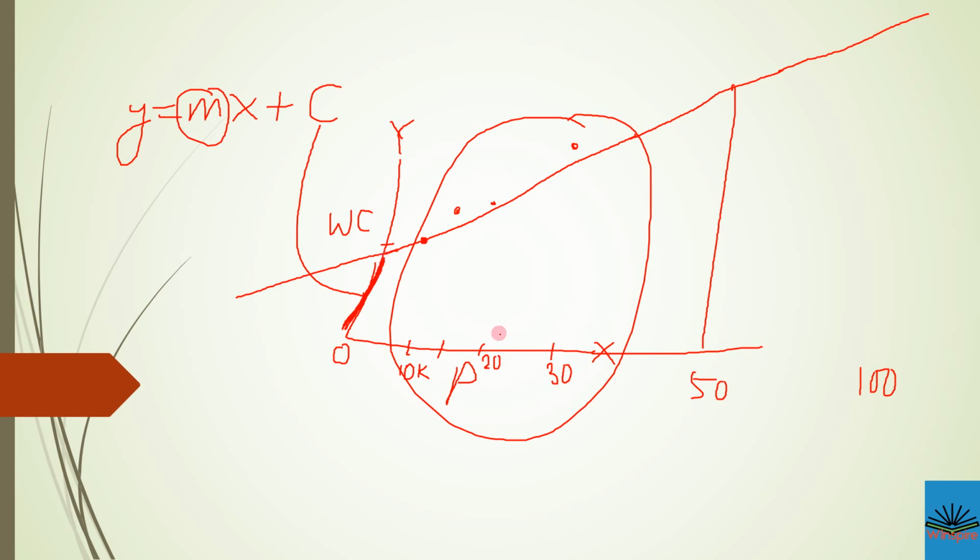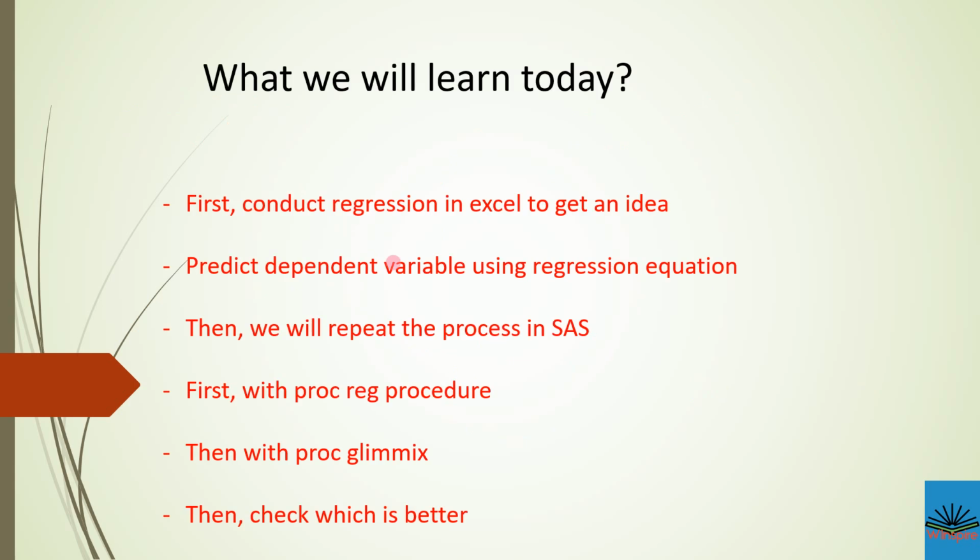So let's see. What we will do today is first we will conduct regression in Excel, just to give you an idea, and after we do regression in Excel, we will be able to establish a formula in the form of y = mx + c, and we will predict the dependent variable using the regression equation. Then we will repeat the process in SAS.